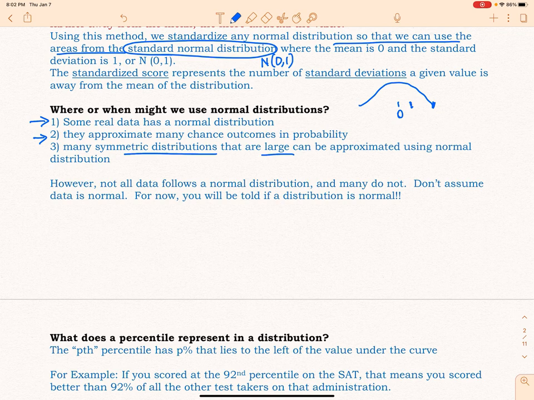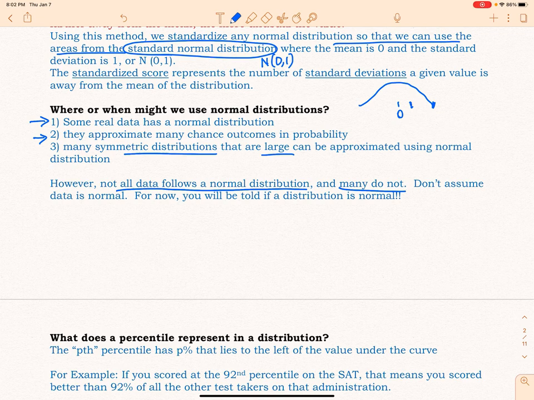Something that is really important that you need to understand: not all data follows a normal distribution, so you can't just assume that it is a normal distribution because you want it to be. In fact, the majority of data do not follow this nice symmetrical pattern. So please keep in mind that just because you want it to be normal doesn't mean it can be.